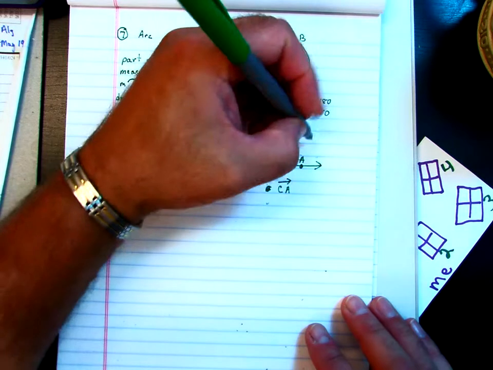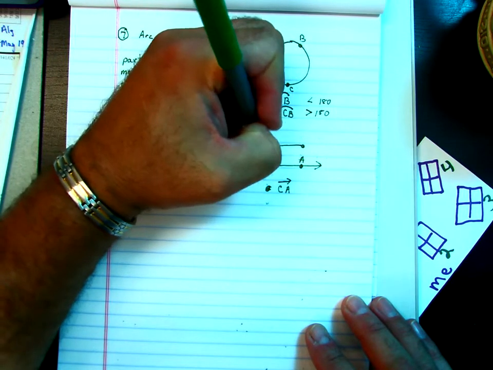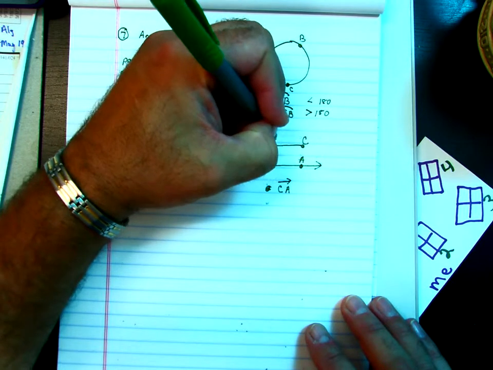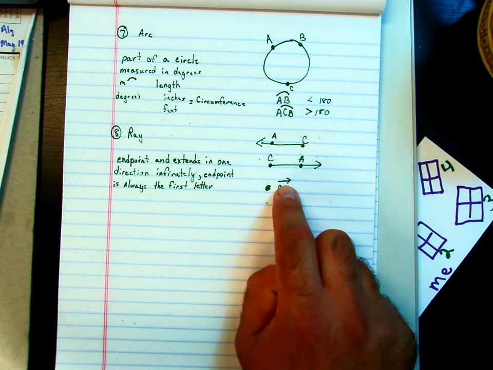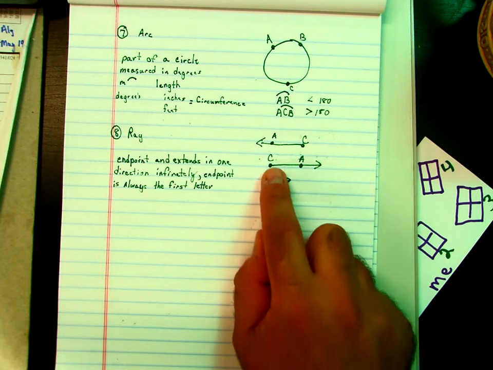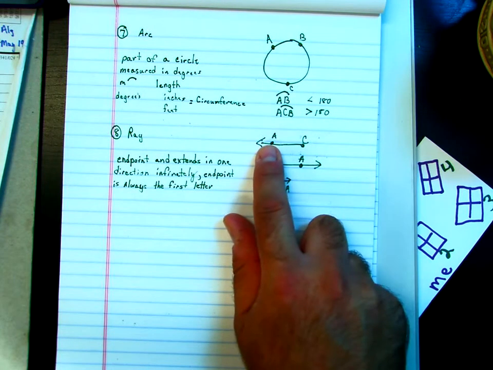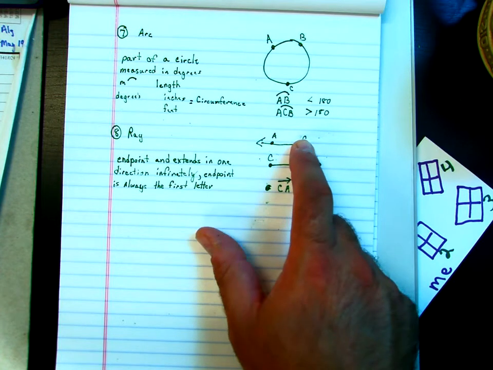If I would have written it like this, it still would be called ray CA, because the first letter is the endpoint. The second letter can be anything, but the first letter tells me where I start. The second letter tells me what direction I'm going.